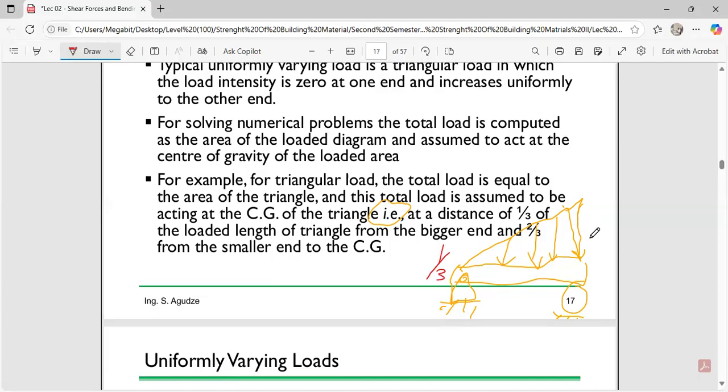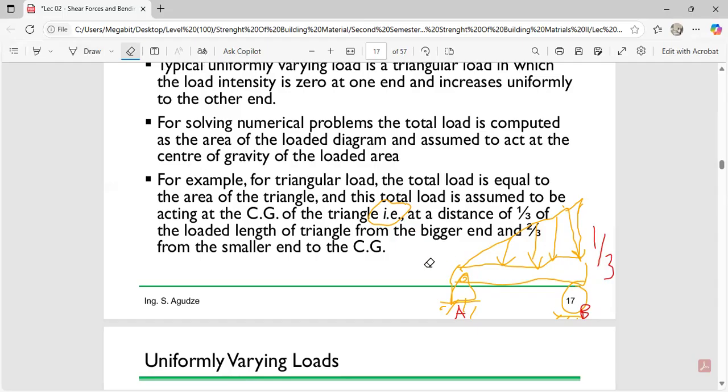Then that is from the support. If you are calculating from support A or support B, it will depend. Always remember that a position is calculated from a support. And then this part is going to be the 1/3, and this part is going to be the 2/3.